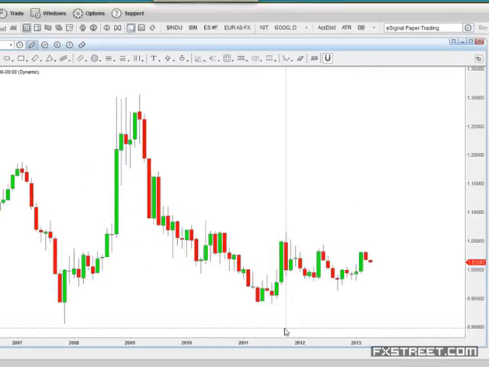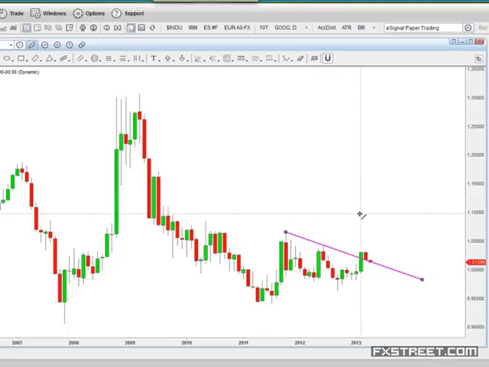Pretty lackluster, should we say. It actually broke a trend line, and then I thought it might just use that as reverse support and move higher. But it hasn't as yet.